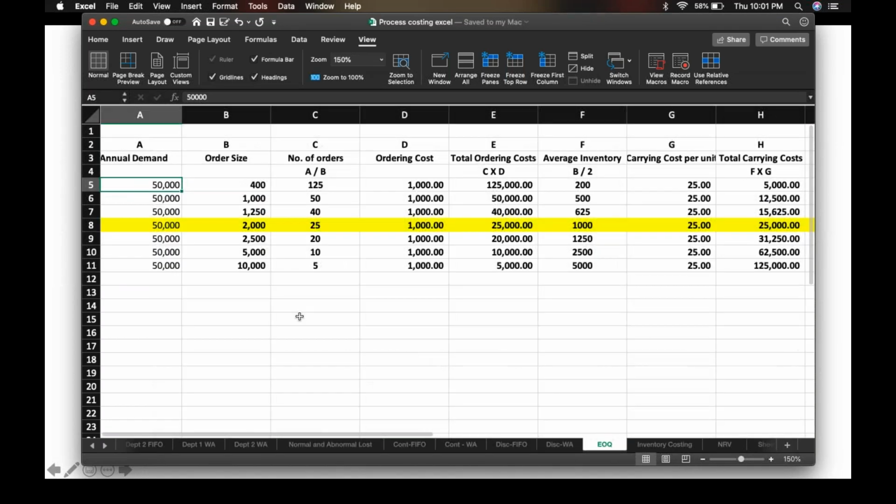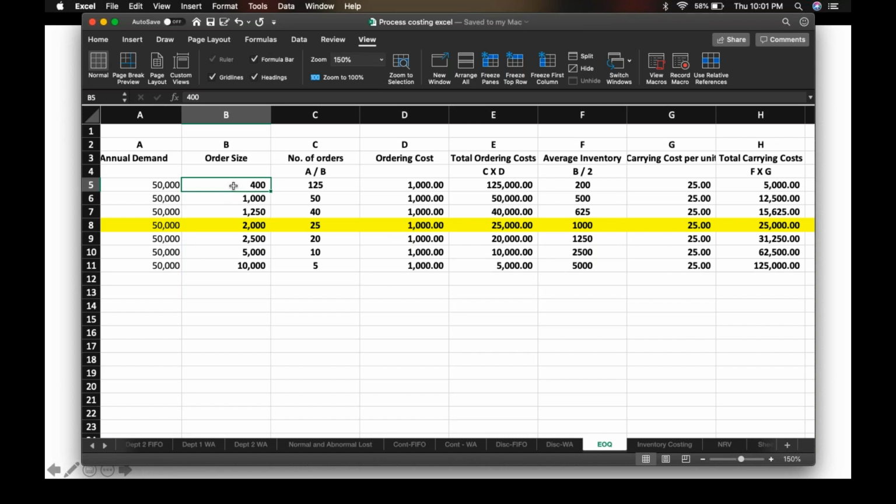We will compare different sizes of ordering our annual demand. Say for example, the order size instead of 2,000 units, as we have computed using the EOQ, we will use 400 units.